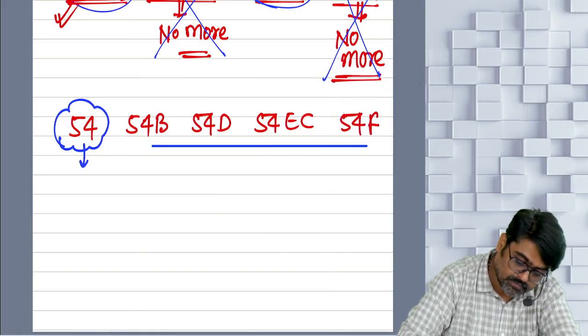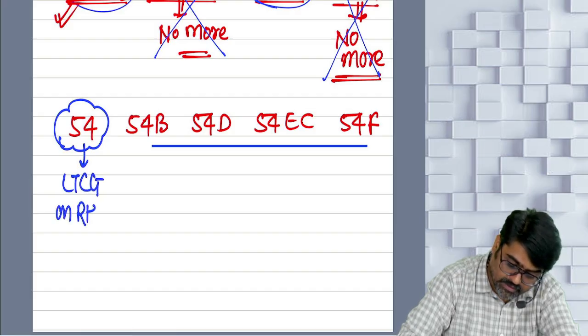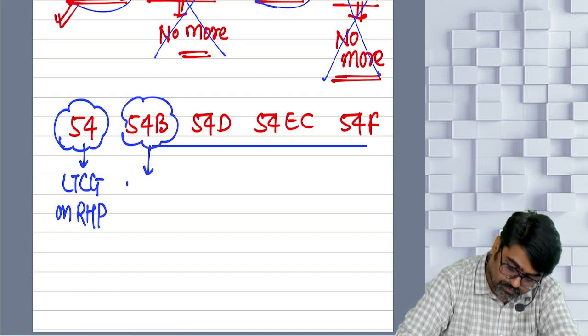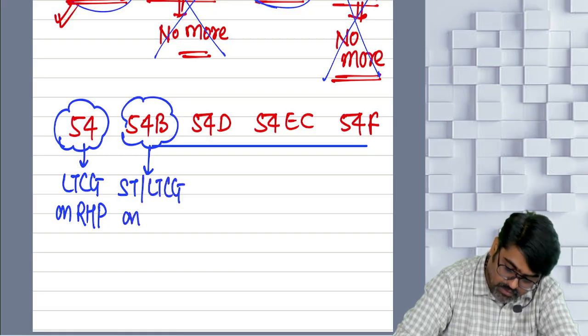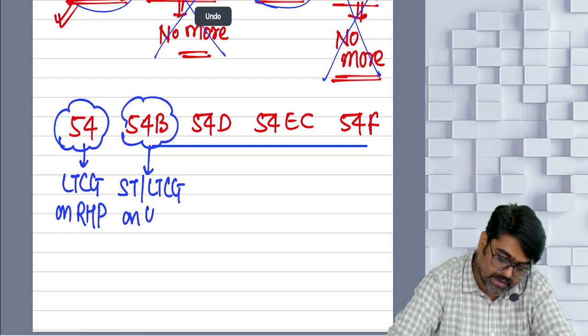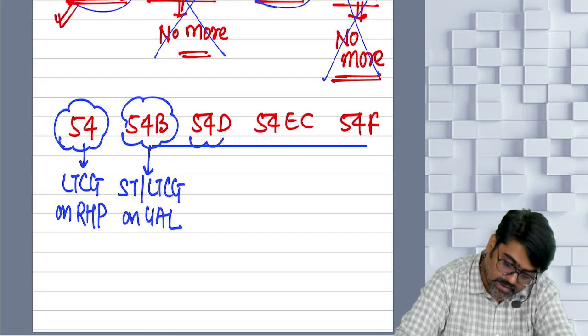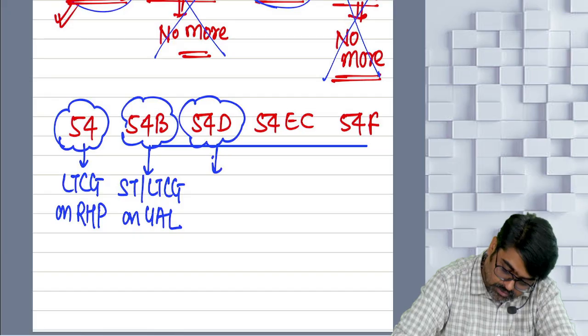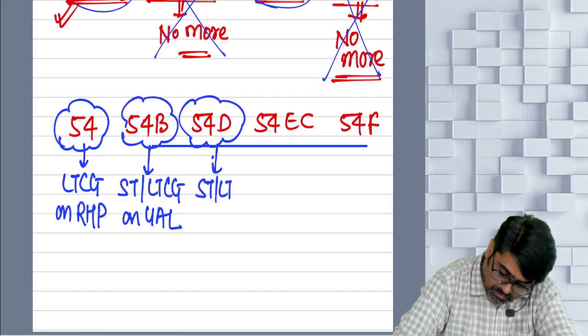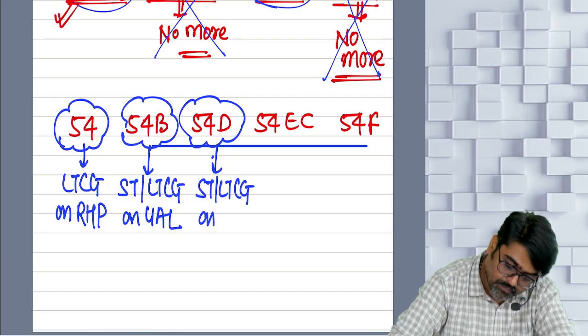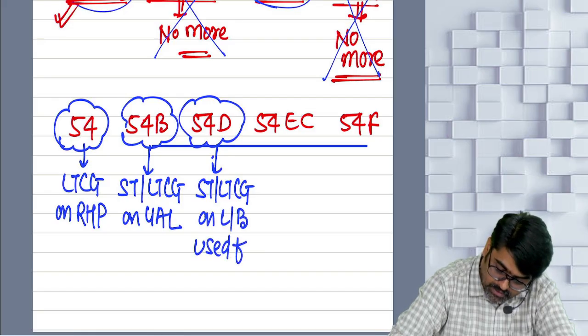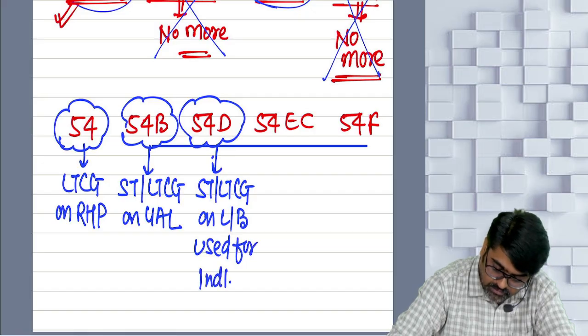So this is your long-term capital gain exemption: long-term capital gain on residential house property. Section 54B will exempt your short-term or long-term capital gain on urban agricultural land. Section 54D, short-term or long-term capital gain on land or building used for industrial purpose. Which purpose?